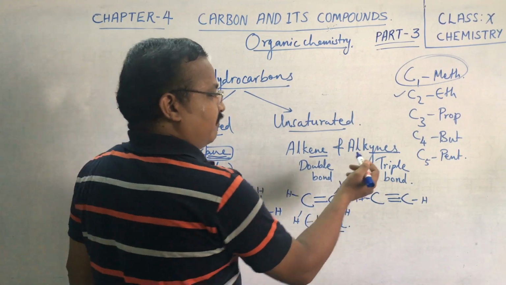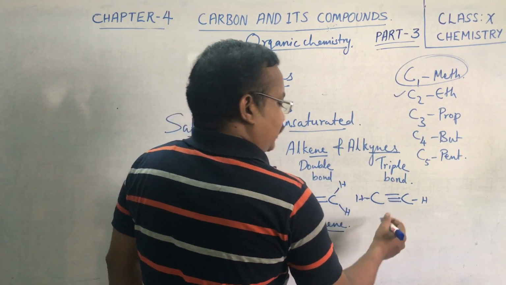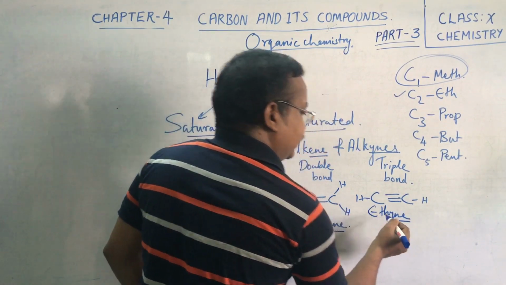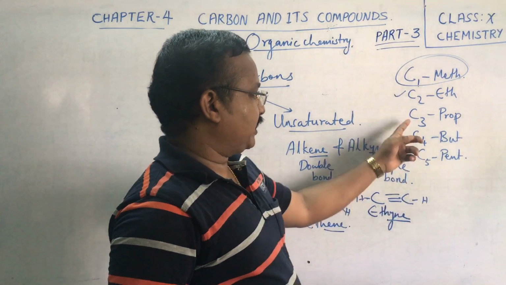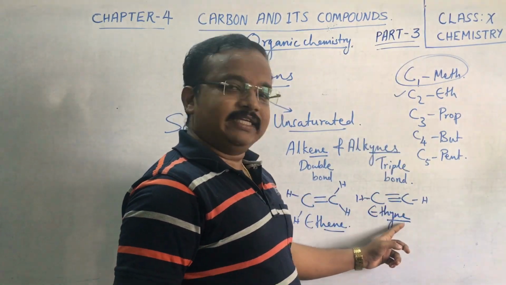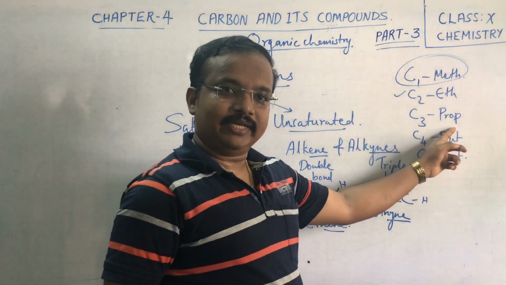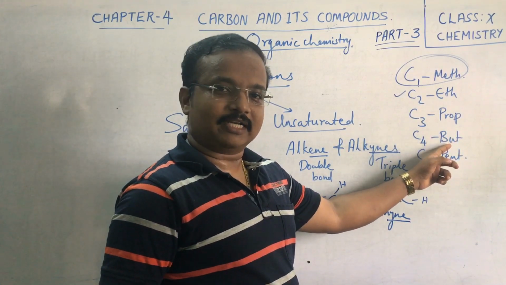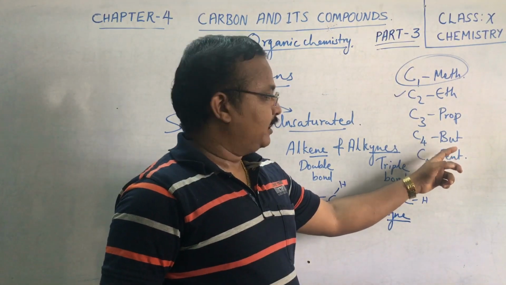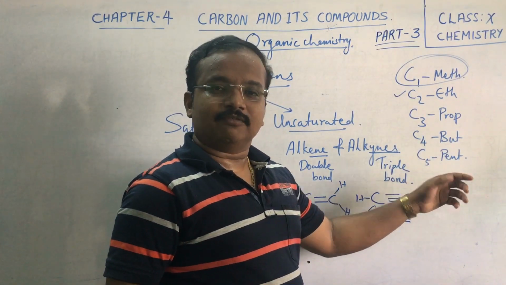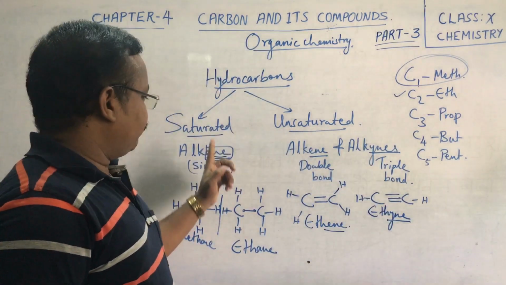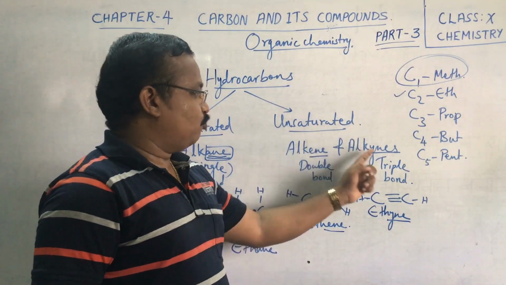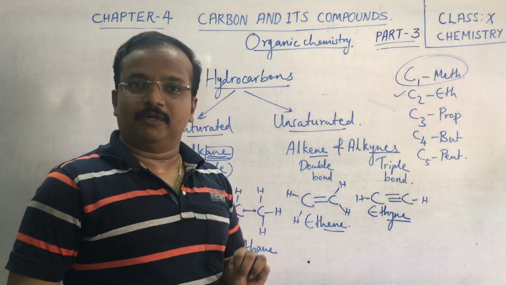Okay, and in case of alkynes, the first one is ethyne, YNE. If 3 carbon atoms are there, then it will become propyne, you have to use YNE. With 4 carbon atoms it becomes butyne, and with 5 carbon atoms it will be pentyne. So instead of ANE, ENE will come in case of double bond, and YNE will come in case of triple bond.